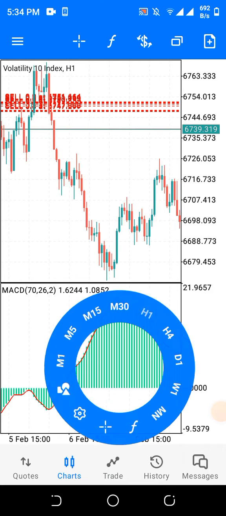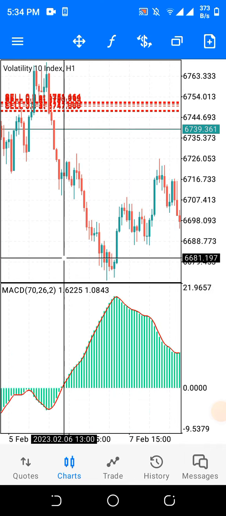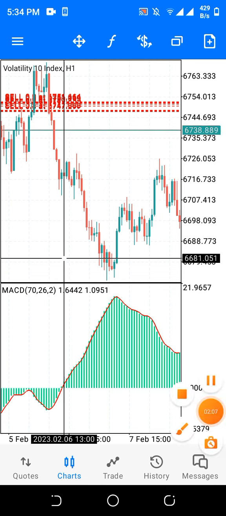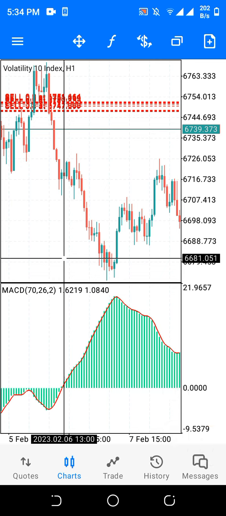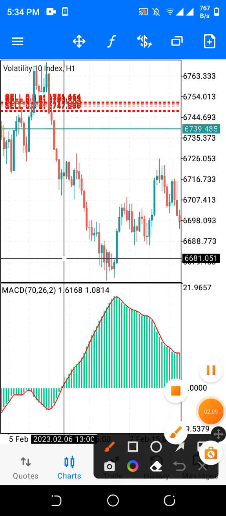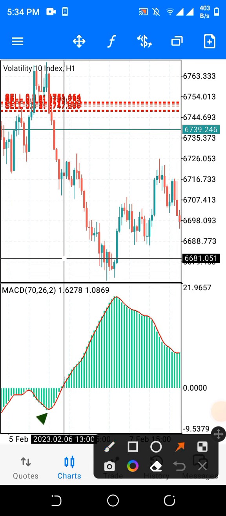Now when you watch, look at this, when MACD crosses and moves up, when MACD moves from down upward, look at the movements. Look at this movement. Now look at this point of crossing, which is the 0.000 line.